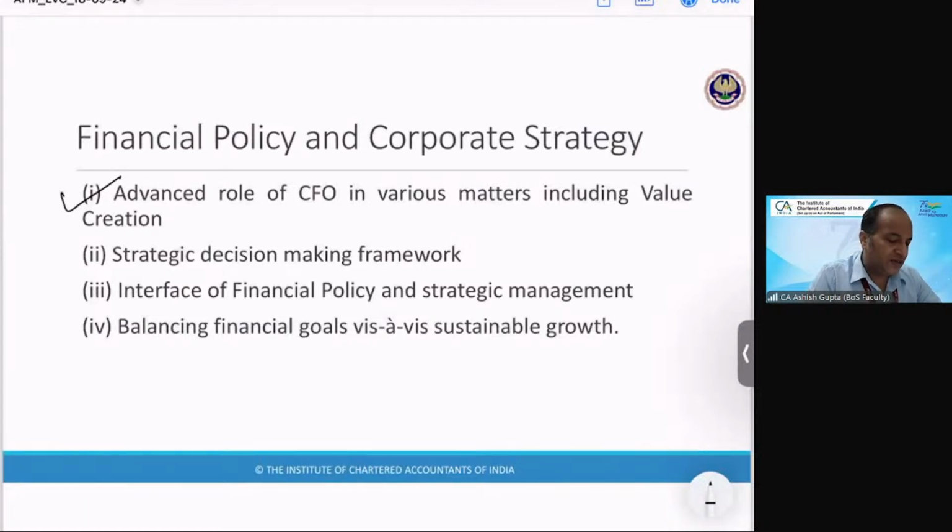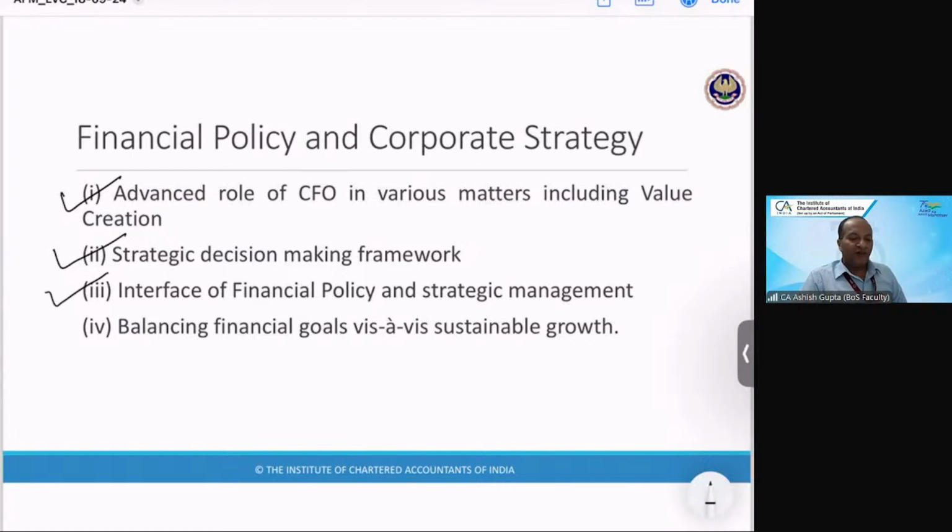Then next comes the strategic decision making framework. We have to see under which framework we have to make our strategic decisions, so that we consider our financial constraints, and other constraints as well. Now next comes the interface of financial policy and strategic management.